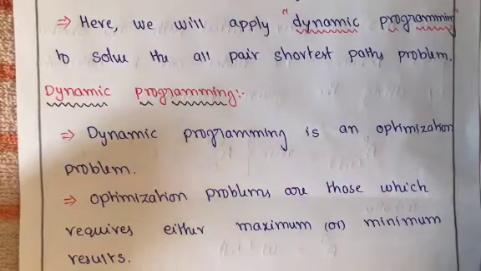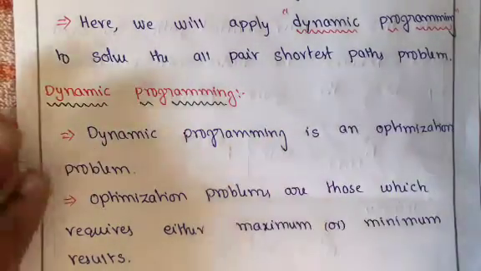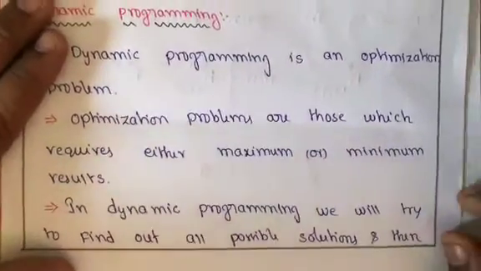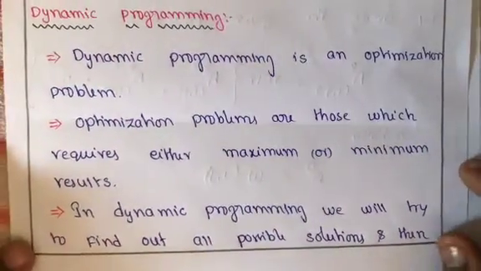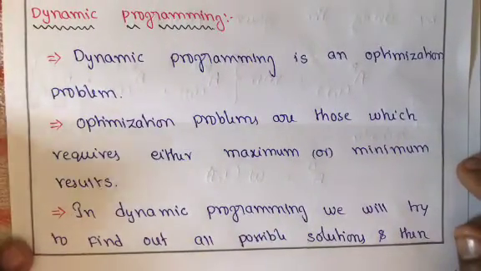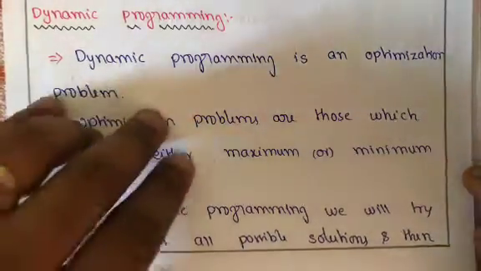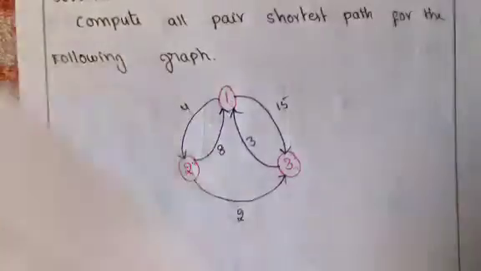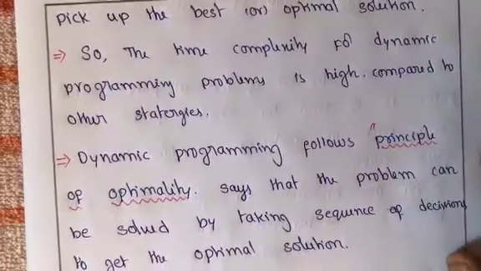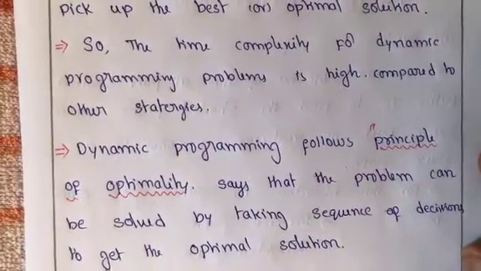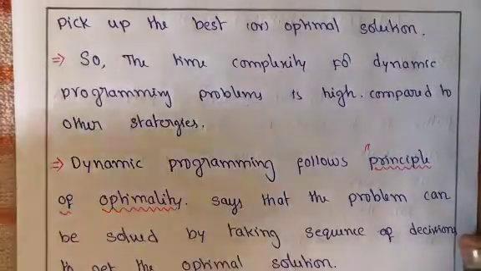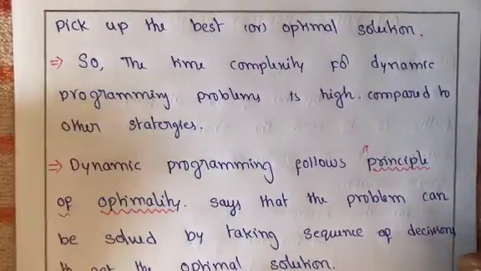Those problems are said to be optimization problems. In dynamic programming, we will try to find out all the possible solutions. Then we pick the best or optimal solution among all the solutions that I have explained previously.